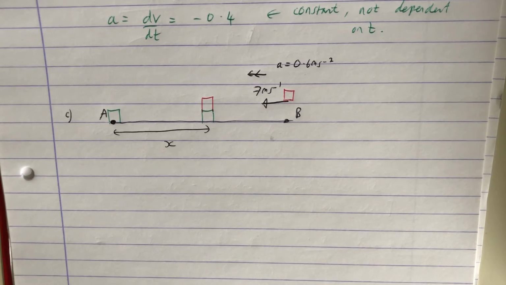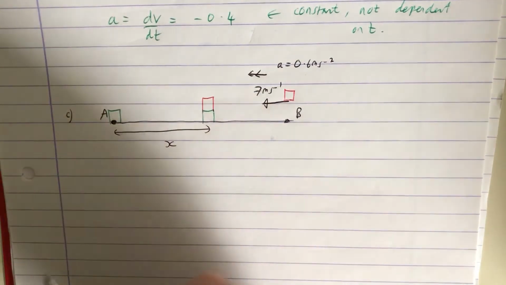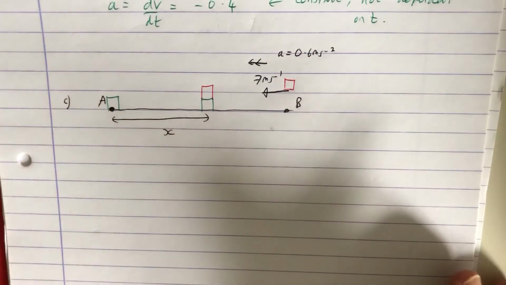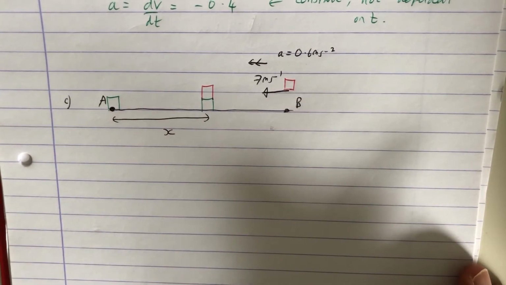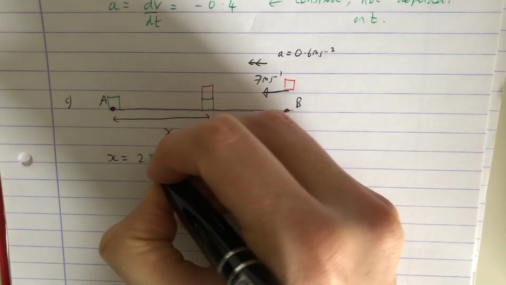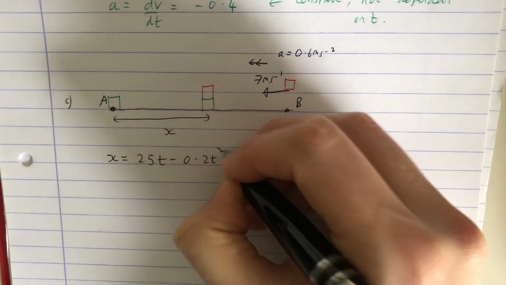And okay, let's try and do that. So this distance x is given by the formula right at the start, s equals. Now, I don't know the time when they are above each other, so it would be x equals 25t subtract 0.2t squared.